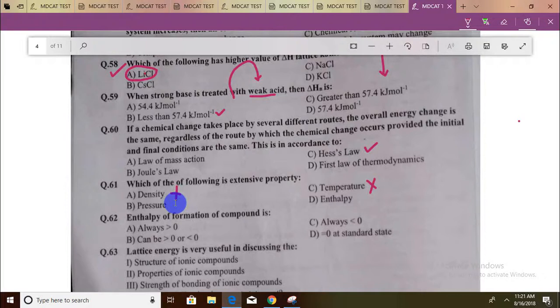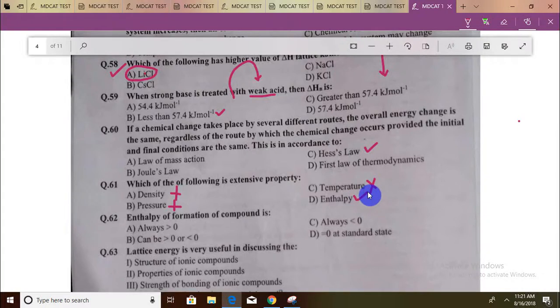Another intensive property may be boiling point because it is independent of the amount you have. Concentration is intensive, density is intensive, melting point, boiling point is intensive, pressure is intensive. So the extensive property is enthalpy.